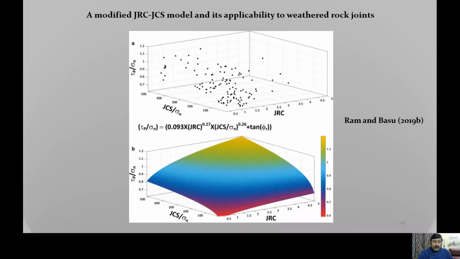If we know the normal stress at which we want to find the peak shear strength, we can find it out very easily. So it is a very, very easy method, and it has already been proved to be more efficient than some other related parameters, and it looks very promising. But of course, further investigation needs to be done in other rock types also. We have already checked it with various, very different rock types with various weathering rates of joint surfaces.